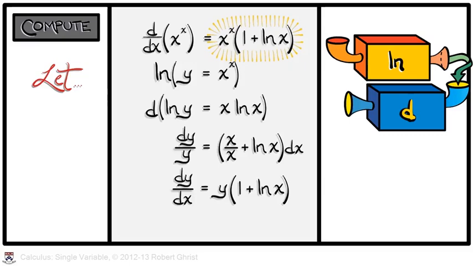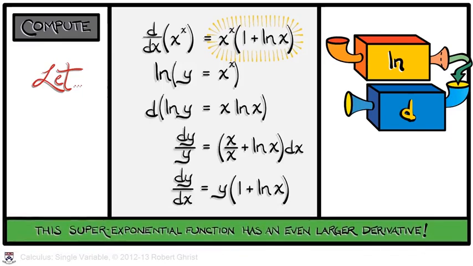Now that was easy enough to compute, but let's think. This function, x to the x, is super exponential. It's bigger than the exponential function. And when we compute its derivative, it's even larger than x to the x. It is of order, big O, x to the x times log of x.